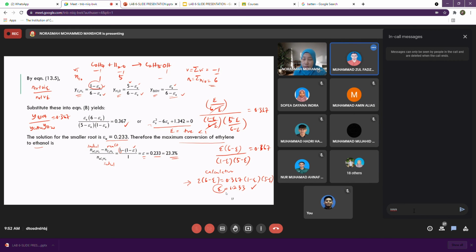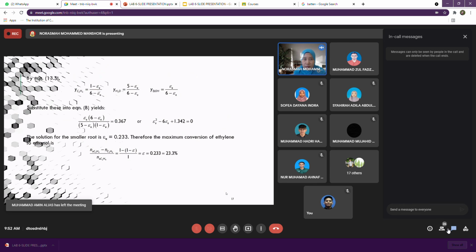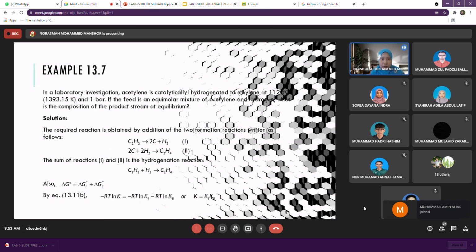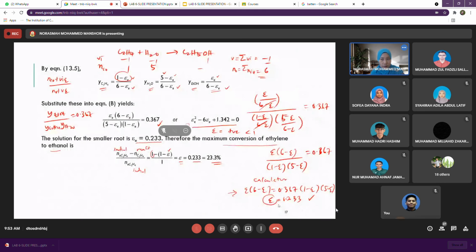Ada. Ada kelas saya ada. Okey, tak apalah, kita stop sampai sini dulu. Ataupun nak habiskan, ada lagi 2 example je. Nak stop dulu.